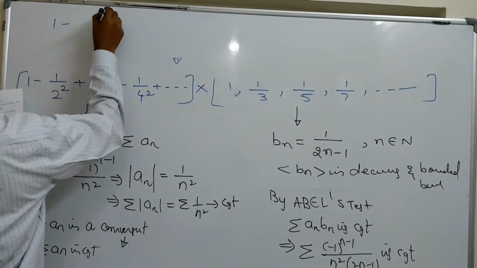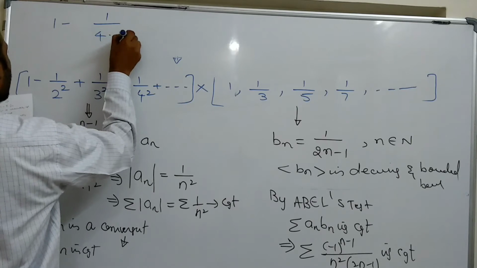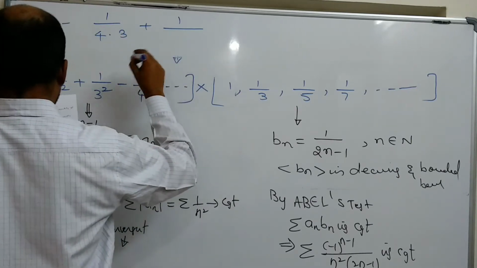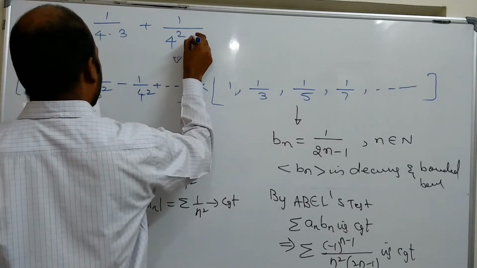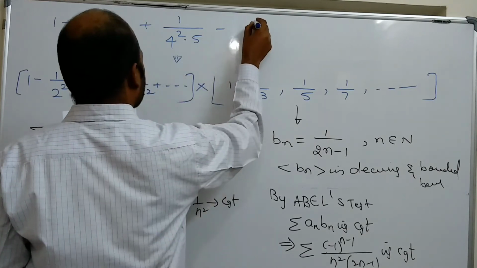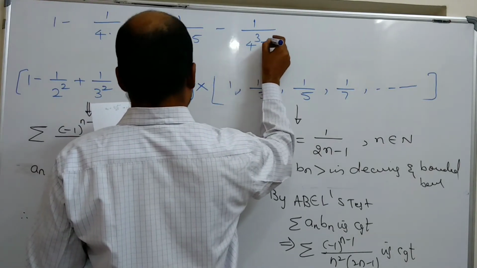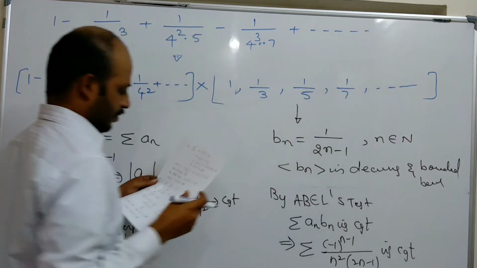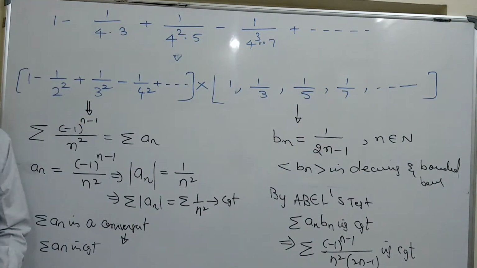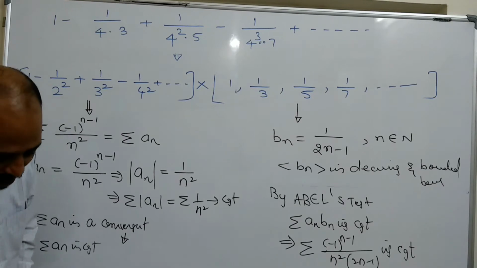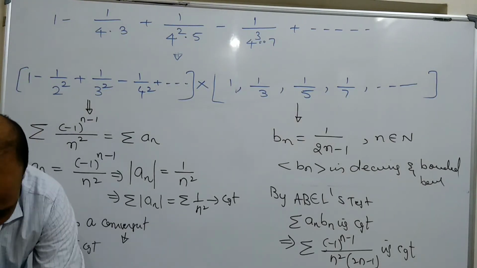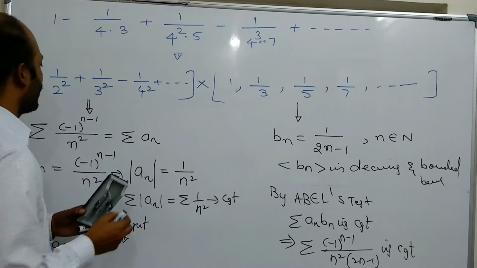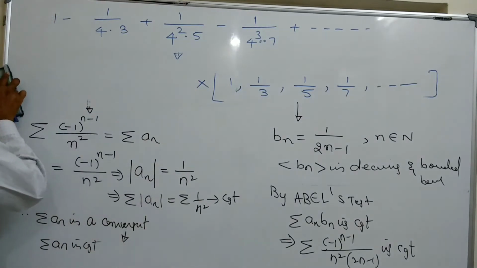1 minus 1/4 into 3 plus (1/4)^2 into 5 minus (1/4)^3 into 7 plus and so on. You observe that again this series is also a product of two terms.